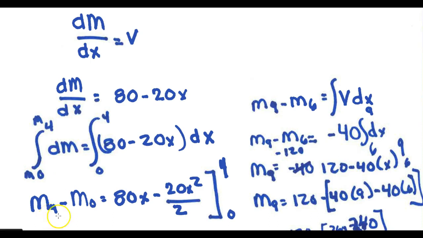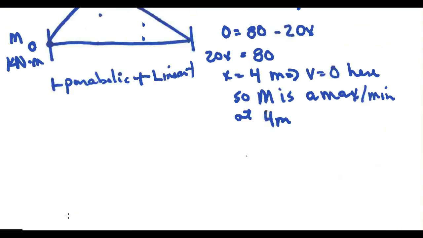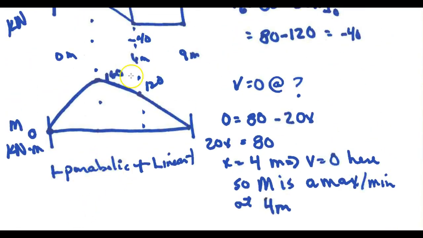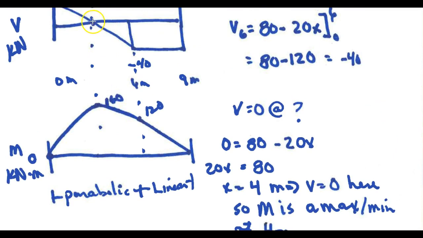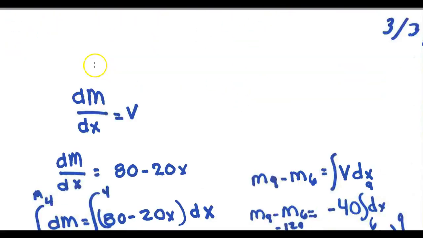The first thing I want to do is look at where the moment is going to be a maximum. This is a little bit of a graphical technique, but I want to know where v is equal to 0, because dM/dx is equal to v, so the moment is going to maximize where v is equal to 0.